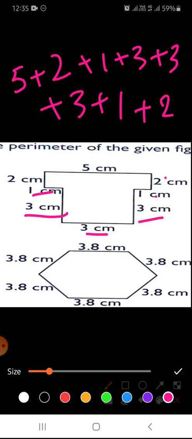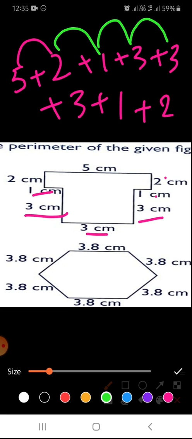So what will be the sum? 3 plus 2, 5 plus 2, 7, 7 plus 1, 8, 9, 10, 11, 12, 13, 14, 15, 16, 17, 18, 19, 20. So we can say the perimeter of this figure is 20.